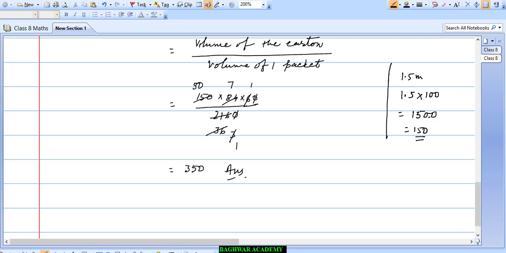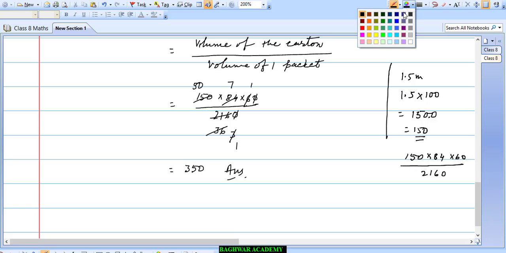Now simple simplification is there. If you know the table, very easily you will be able to simplify this. Suppose 150 into 84 into 60 divided by 2160. How do we cancel this in an easy way? First of all, the zero on the extreme right side can be cancelled directly.